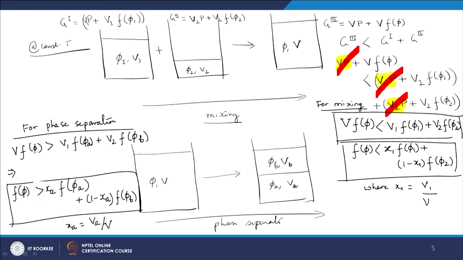Okay. So, now we have a simple mathematical relation in terms of the function f of phi that characterizes the mixing and separation behavior. We have not yet discussed what the mathematical form is, but we have already discussed what the mathematical form should be to have a certain type of behavior. So, in the next class I will elaborate on this in more detail.